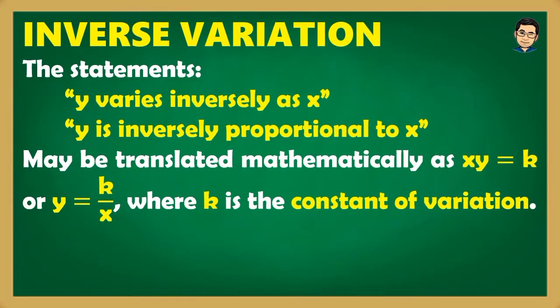Remember, when you read the word inversely in the variation statement, automatically it will look like a fraction, with a numerator and a denominator. Nothing changes there: k is still the constant of variation.